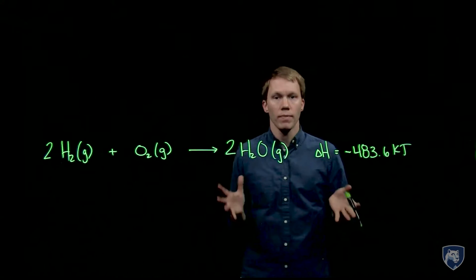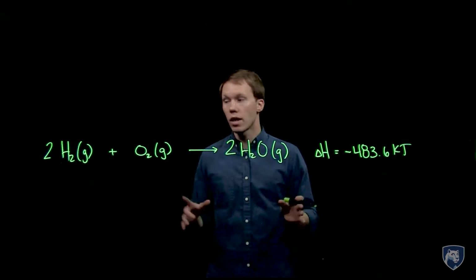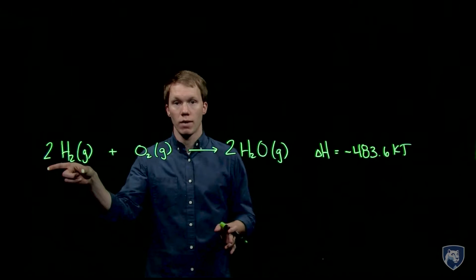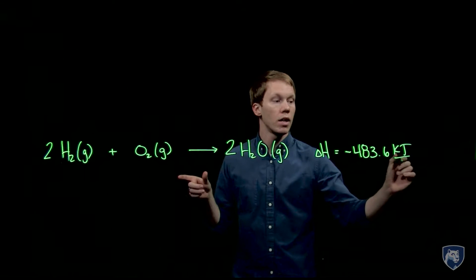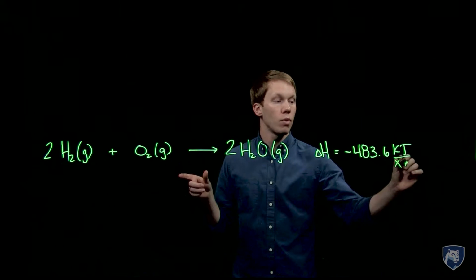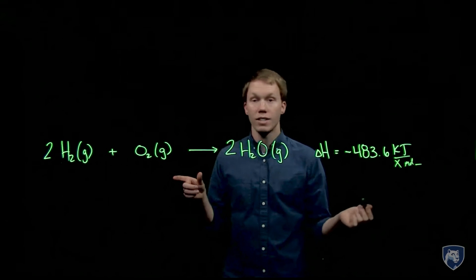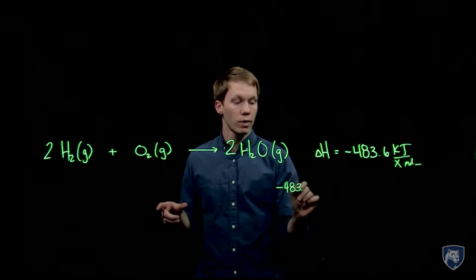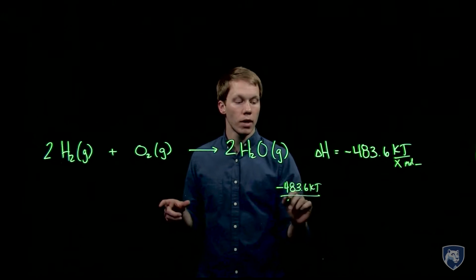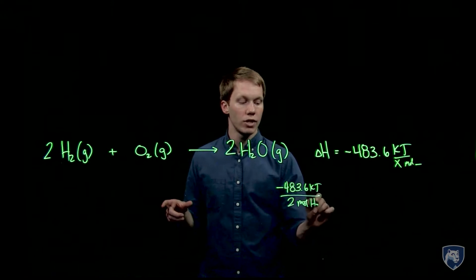And what does this mean? Kilojoules, what? It's kilojoules of heat per 2 moles of hydrogen that were combusted. And so this is actually kilojoules per X moles of reactant or product. So we can write this several different ways. 483.6 kilojoules per 2 moles of hydrogen.